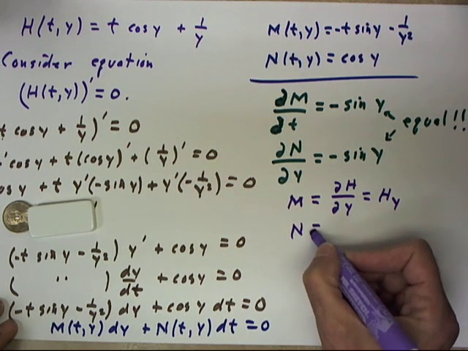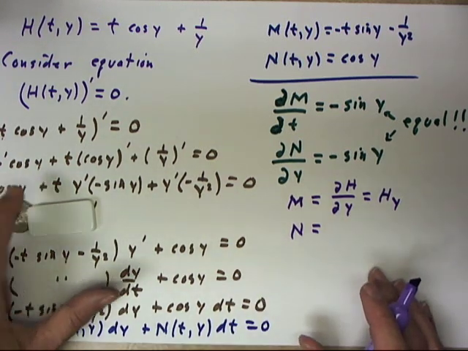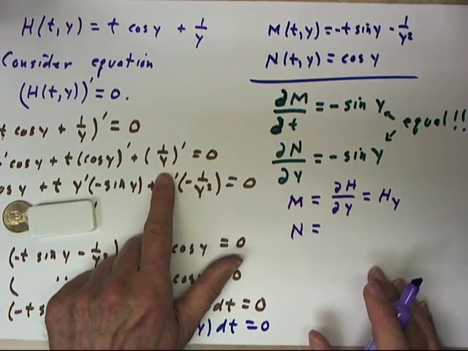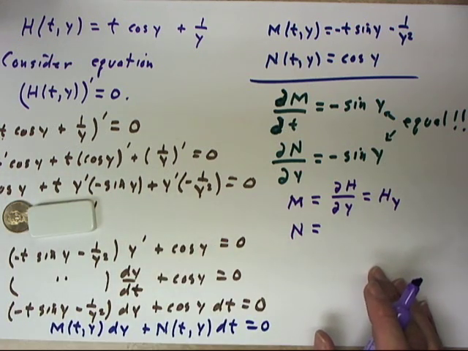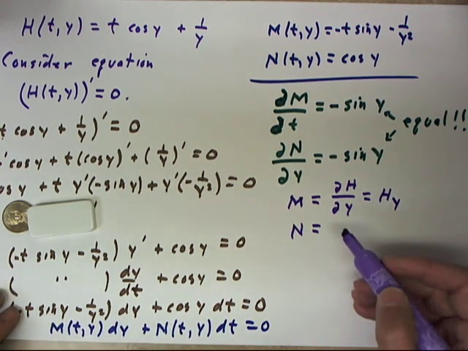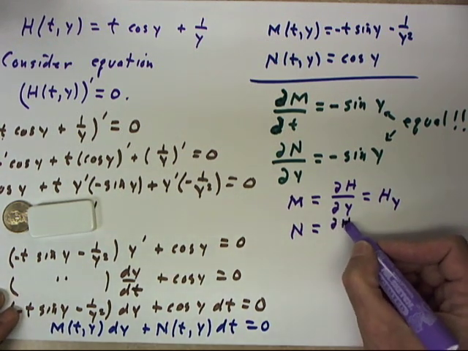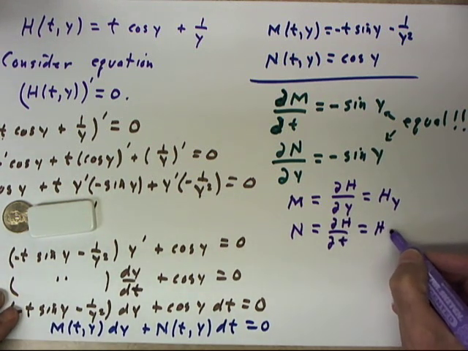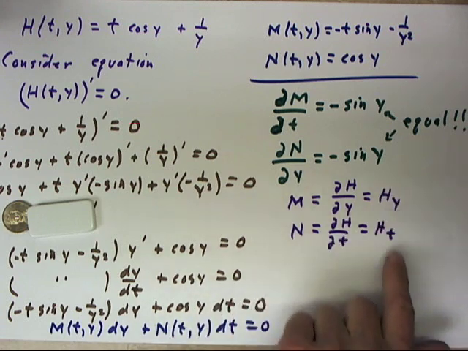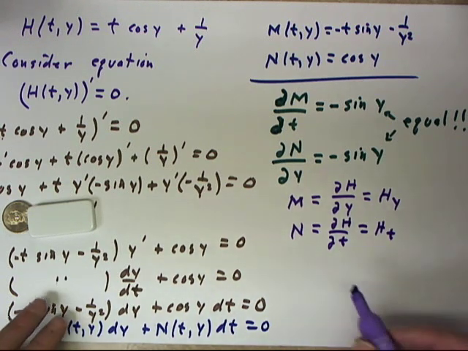And N, what is N? Well, N is obtained when we multiply through by dt, and it turns out that N is partial of h with respect to t, which is h_t, written in slightly shorter notation.